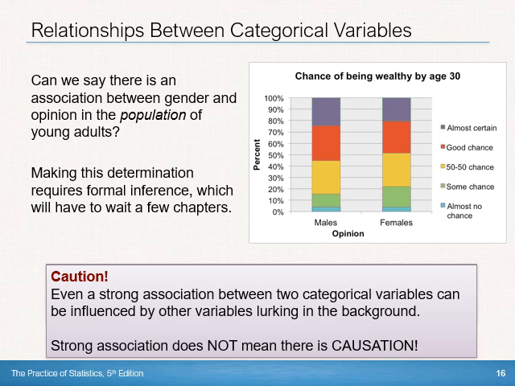We'll learn in later chapters that in order to show causation, we really have to have some kind of randomized experiment. So association does not imply causation, is the takeaway from this slide.